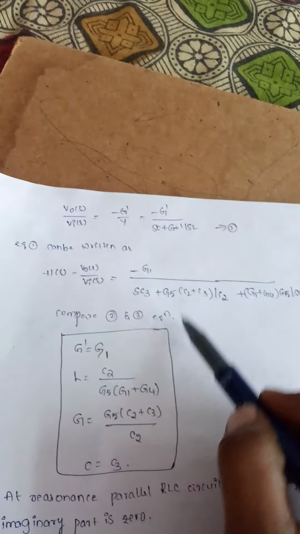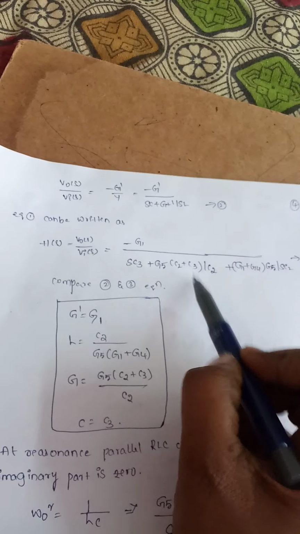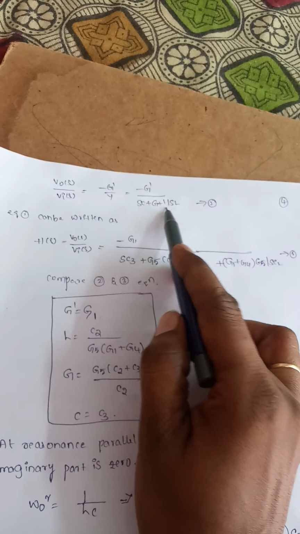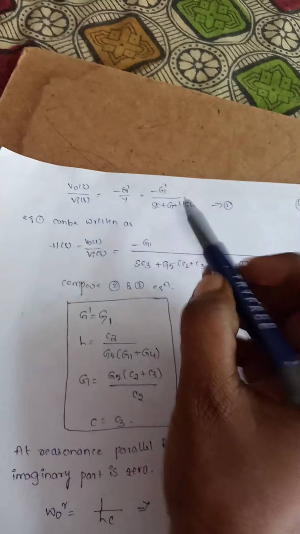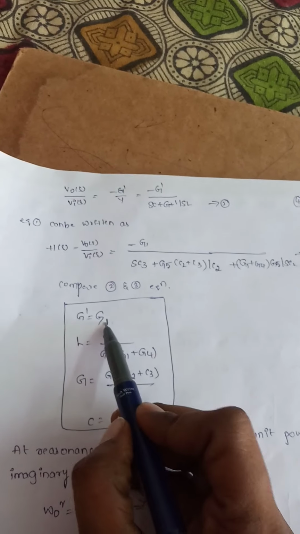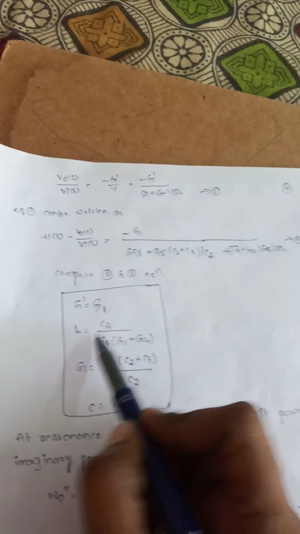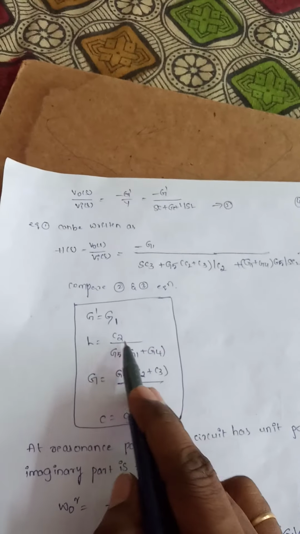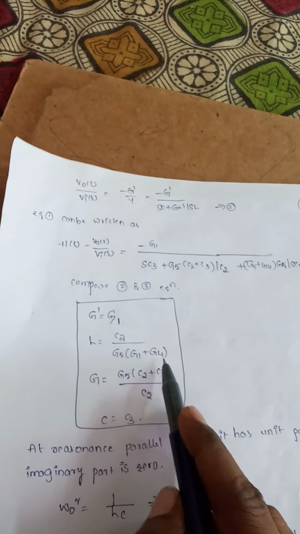By comparing these two, here SC3, here SC, and here the G term, here also the G term, and here 1 by SL, here also the 1 by SL term. So here minus G dash is equal to G1, and by comparing these two components, L is equal to C2 by G5 into G1 plus G4.